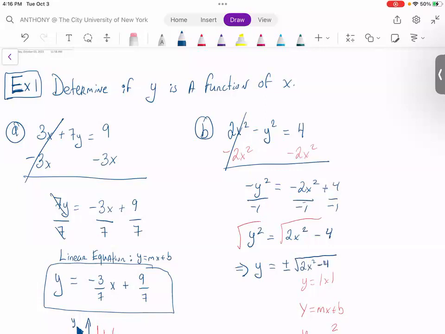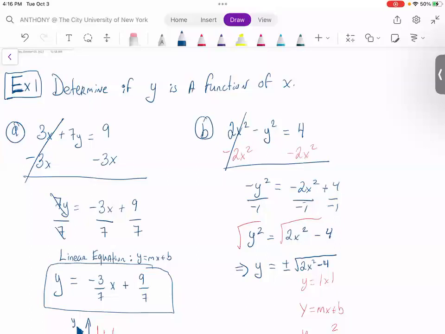Now this changes the ball game for us, that plus or minus. The plus and minus changes the ball game because every time I plug in the value of x, how many values of y will we essentially get? Say it louder. You're going to get 2 values for the most part, right?